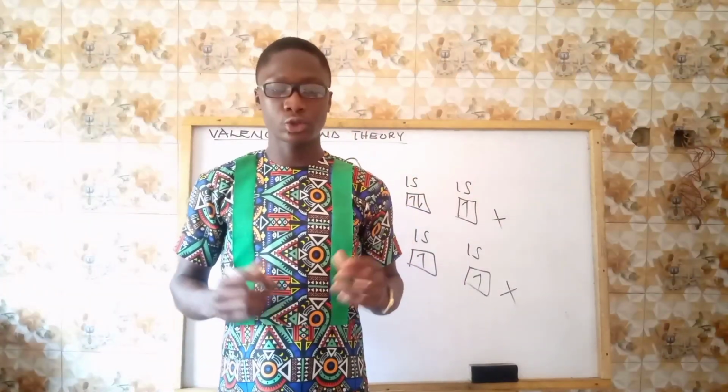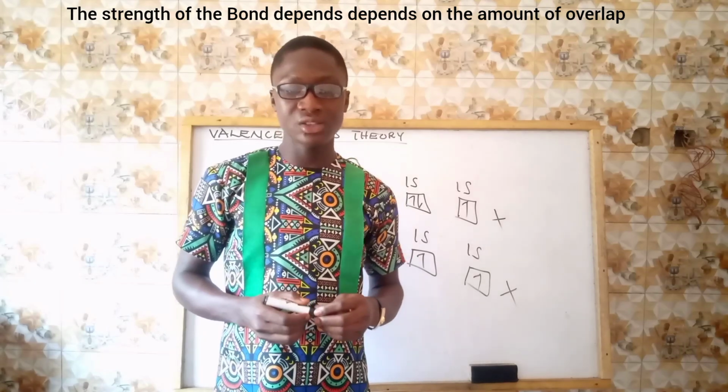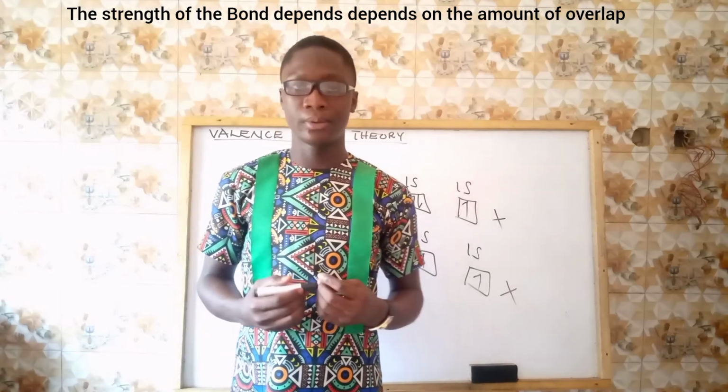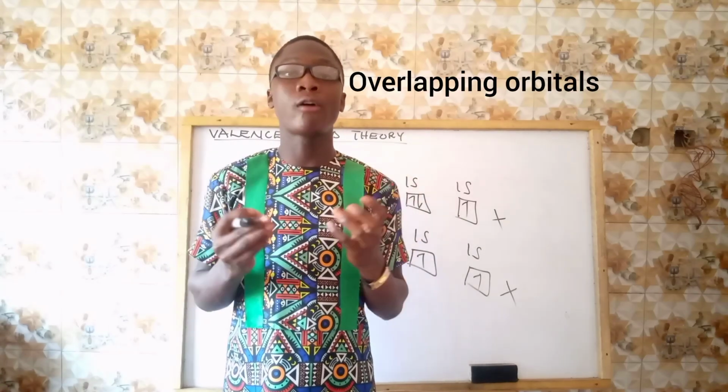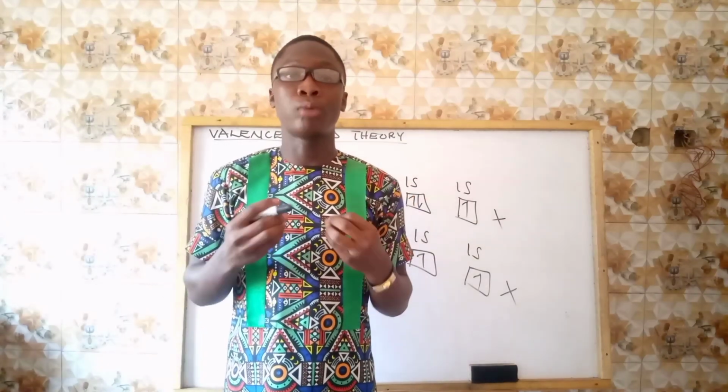Let's continue. We also have that the strength of the bond depends on the amount of overlap. Note that overlapping orbitals form a covalent bond, and we want to know how strong the bond is.